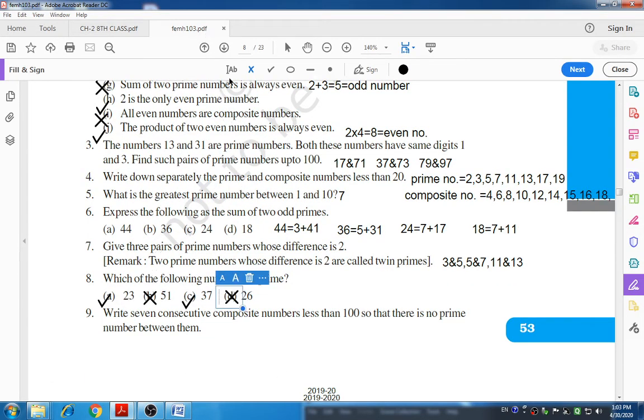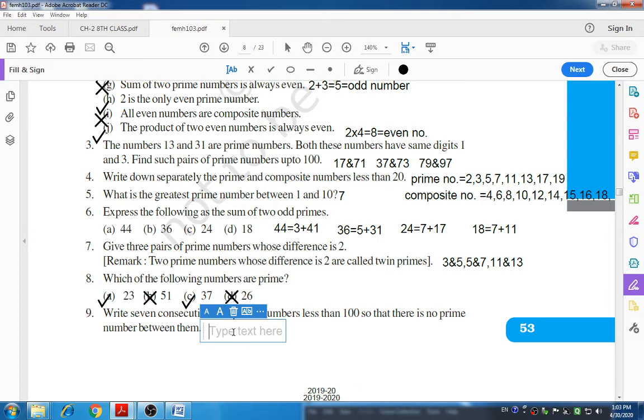Write 7 consecutive composite numbers which are less than 100 so that there is no prime number between them. Okay, consecutive composite, that means which are next to each other and which are less than 100. Okay, right? Look at here, from 90.